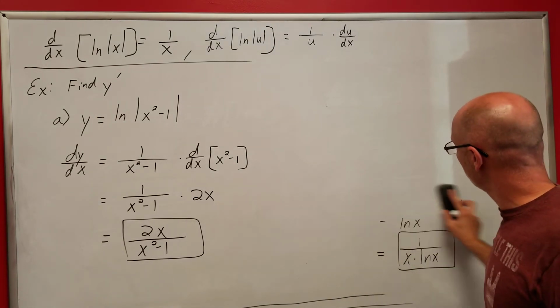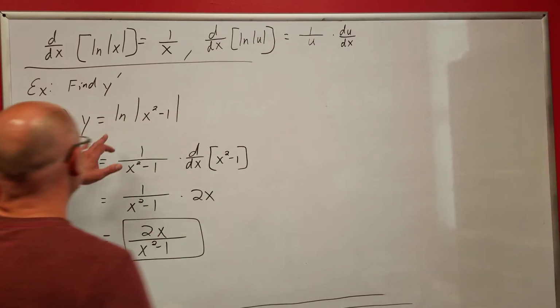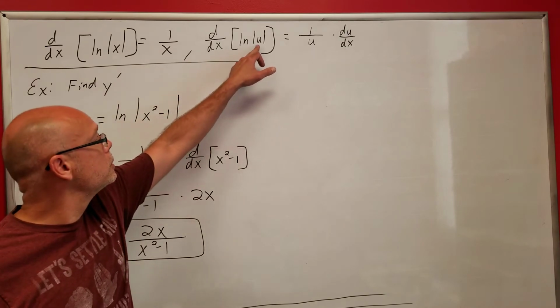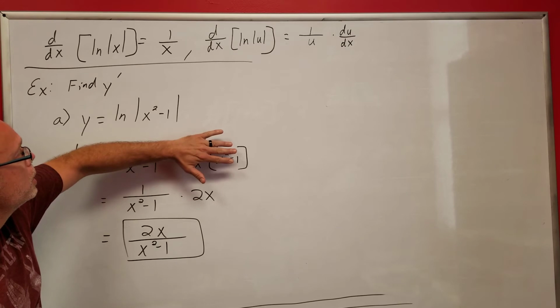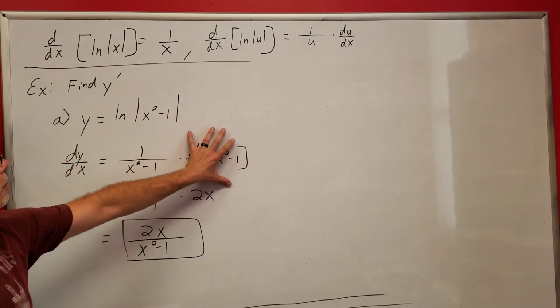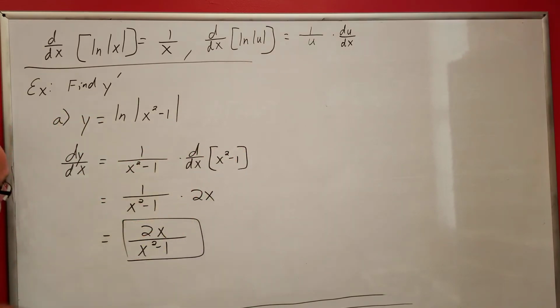Well, that's actually what we just did there. We said, okay, that's like u there, right? So the derivative of this stuff is what? 1 over the argument without the absolute value, like you see there, times the derivative of the argument without the absolute value, which you see there.